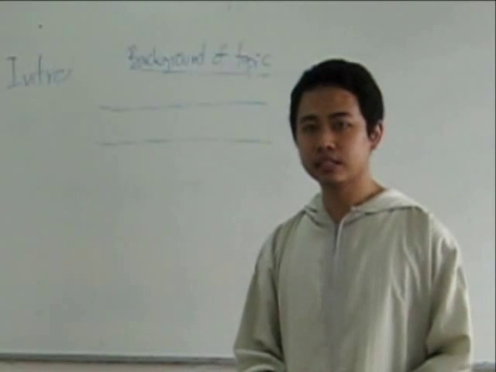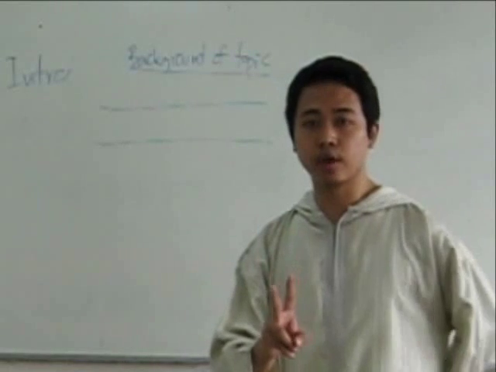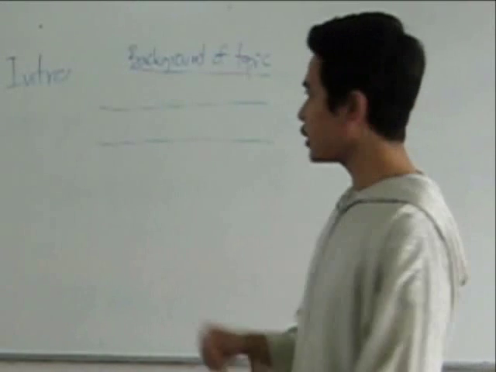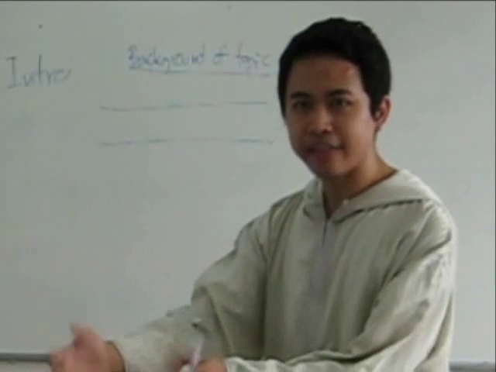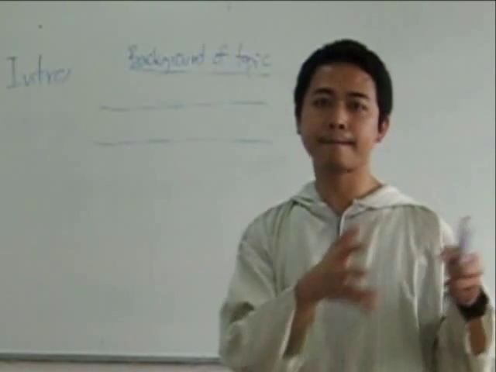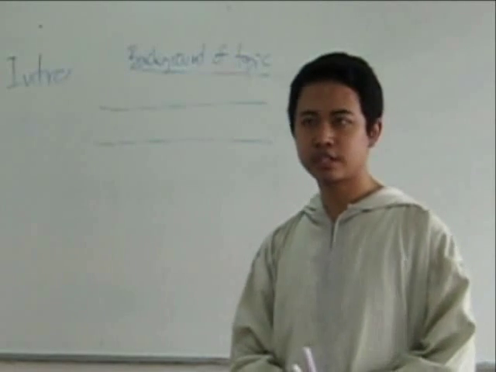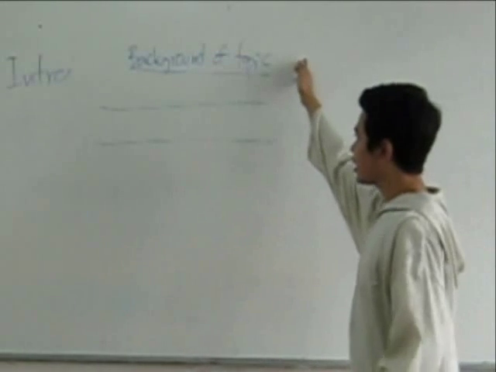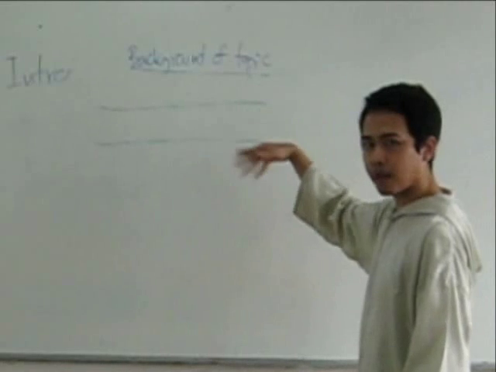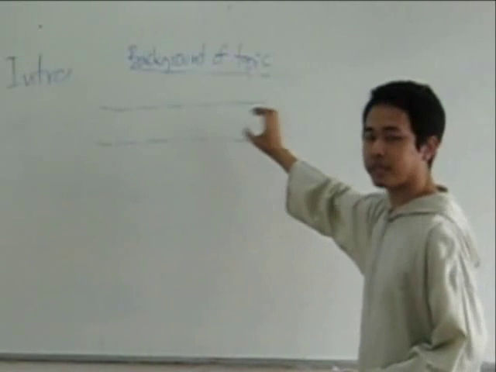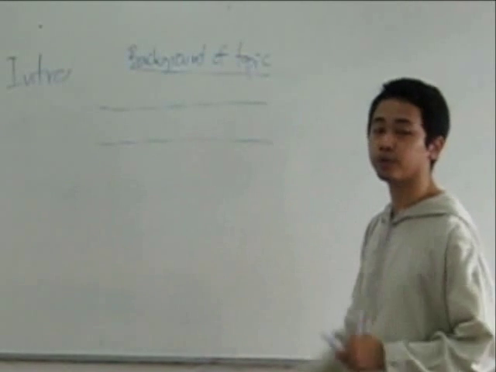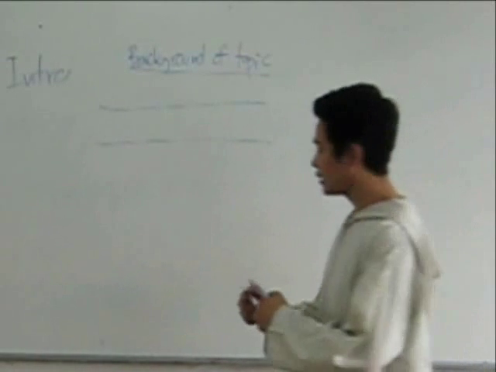In "examination should be banned," there are two keywords. So the background of the topic can be about examination, and then you link it to the banning of examination, and after that you can go on, and then the last sentence of the introductory paragraph is supposed to be the thesis statement.